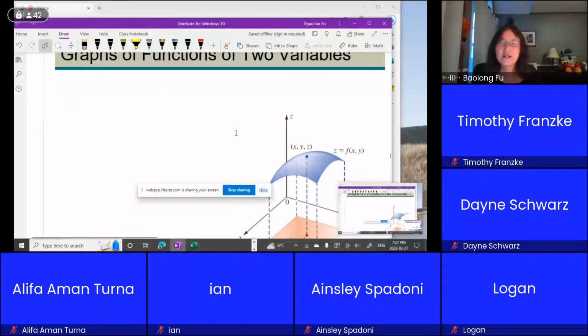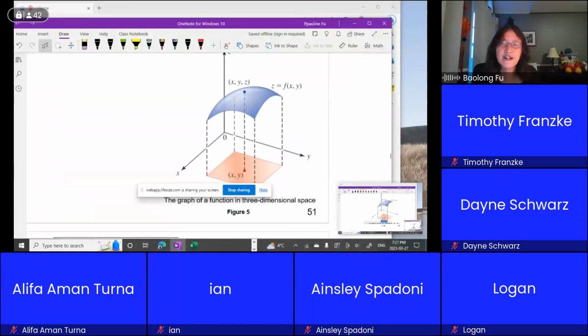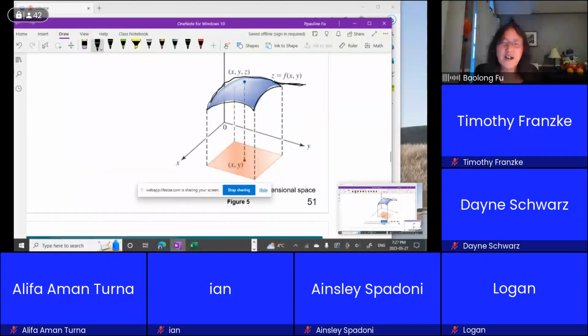So the graph of two variables, z equals f(x,y), what does it look like? It looks like this part. This represents z equals f(x,y).